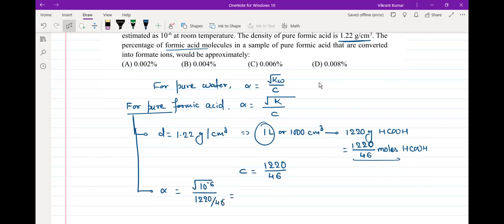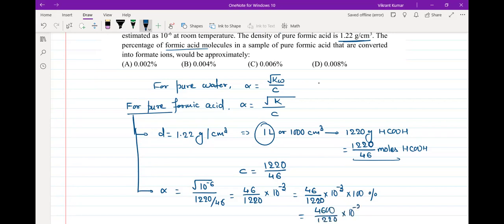So we can write this is actually 46 upon 1220 into 10 raised to minus 3, or we can write 4600. Since it is asking in percent, we have to multiply by 100 also, right? So we can write this much will be 46 by 1220 into 10 raised to minus 3 into 100%, and that will become 4600 upon 1220 into 10 raised to minus 3%.